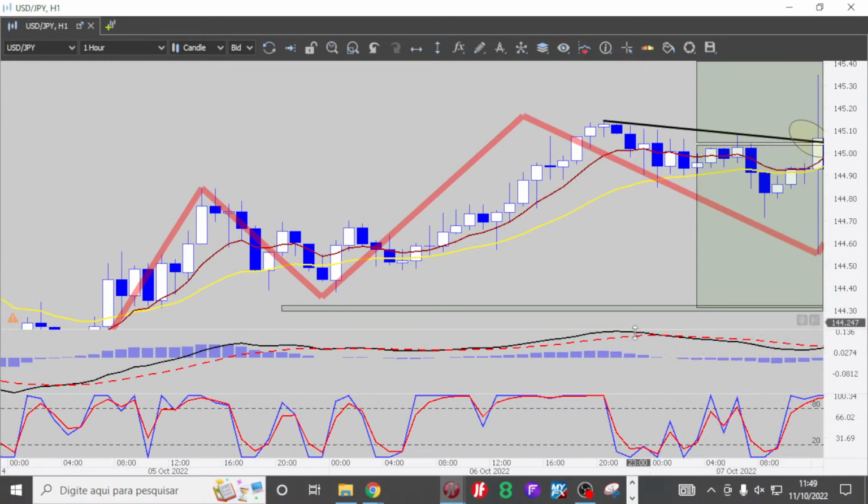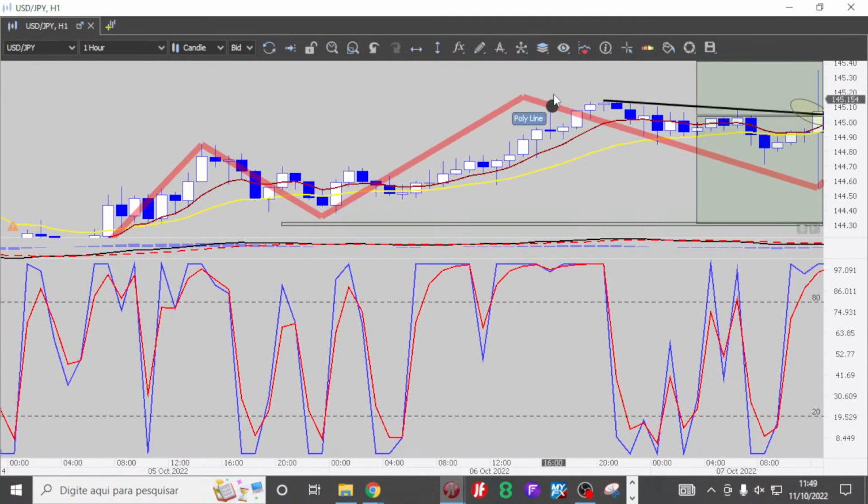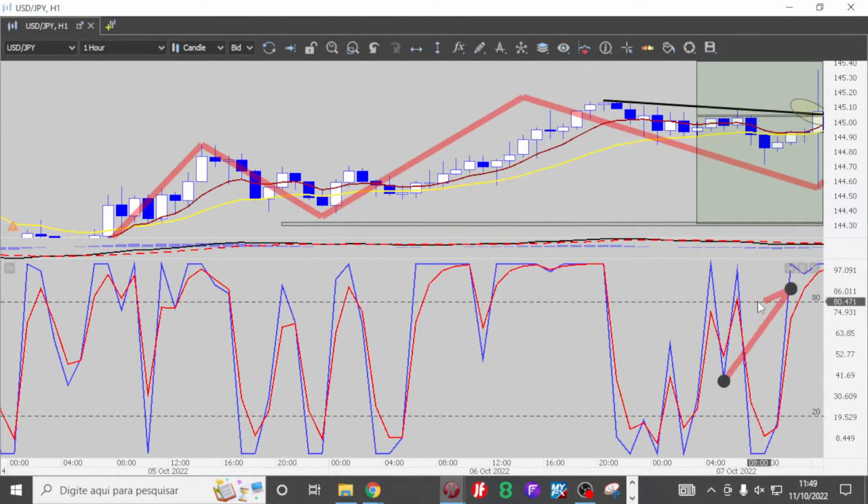Now the stochastic, this one was in a sell zone. You know, when stochastic goes above the 80, it's in what is called a sell zone. Okay, it's oversold. Make sense? Or overbought. I don't know which is which. Maybe it's overbought, so it's going to fall, right? Anyway, it's in the sell zone.